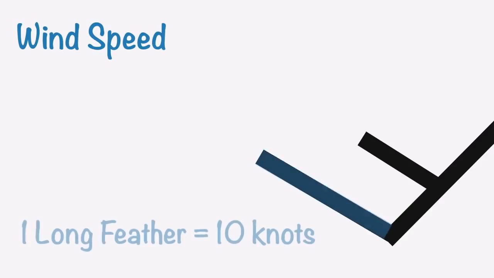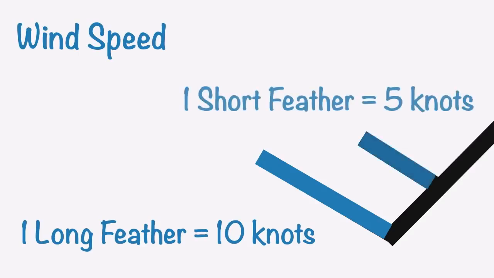Now, for every long feather, we have 10 knots of wind speed. And for every short feather, we have 5 knots of wind speed. So in this example, since we have one long feather and one short feather, our wind speed is 15 knots. If you have an in-between wind speed, 16, 17, 19, 11, things like that, for our purposes, we'll just round to the closest 10 or 5.